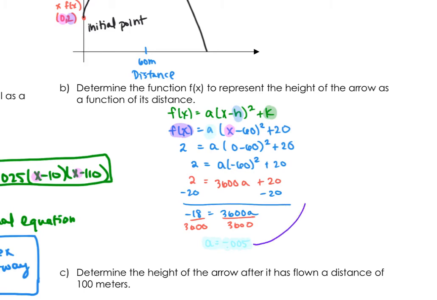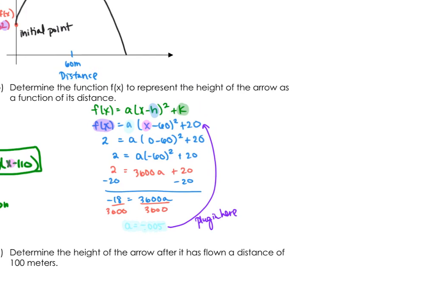So my equation is going to be f of x equals negative 0.005 times x minus 60 squared plus 20. Whenever you write your equations, the only letter you should have in your equation is x. Everything else should be a number.